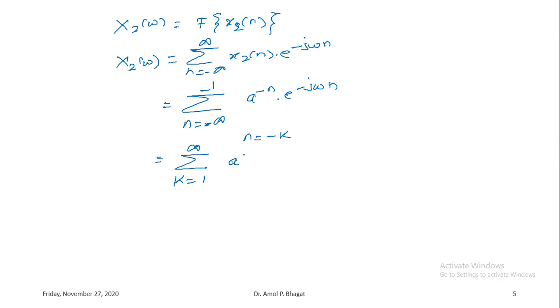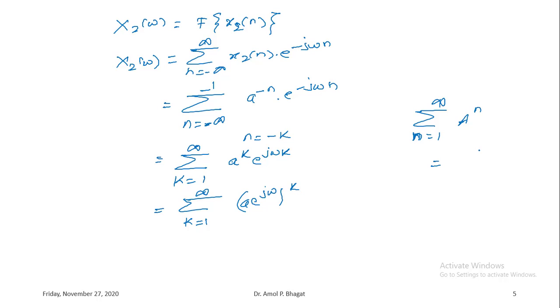And e to the power j omega k will be there, right? So again, for k equals 1 to infinity, if I take k common, a into e to the power j omega, whole raised to the power k. We have also seen this series, that is for n equals 1 to infinity, a to the power n can be replaced with a upon 1 minus a.